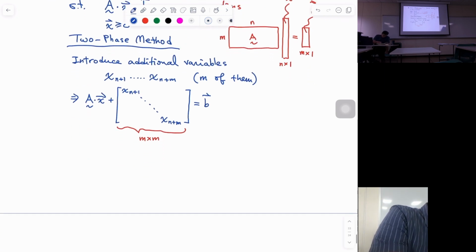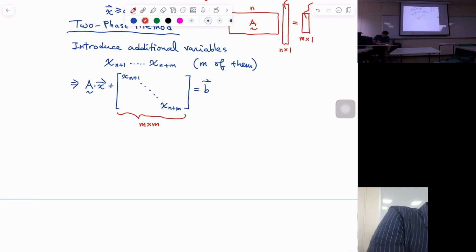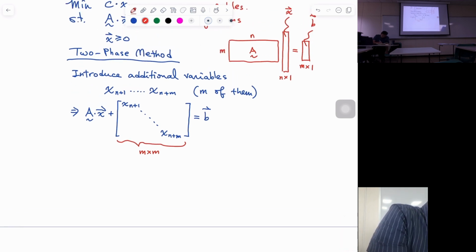So if you put everything together at the end, you are actually having the original A part and an identity matrix, right?